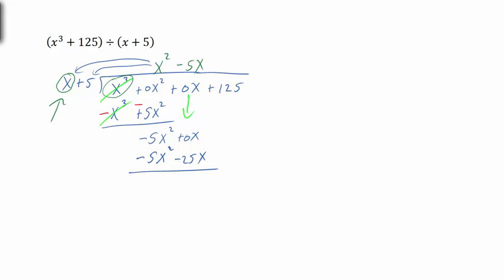And once again, we change the sign. So we have a positive 5x squared and a positive 25x. First terms cancel out. And then we're going to bring down the 25x. And then we bring down the next term, which is 125.